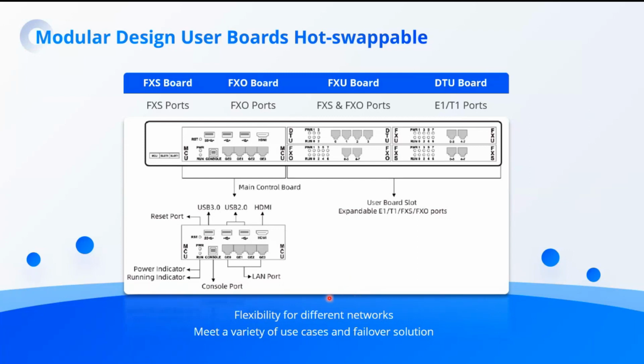So if your customer wants fewer problems, or wants to make sure the system always keeps very high reliability, you can combine E1, T1, FXO with a SIP trunk, the SIP IMS. If IMS or the SIP trunk is down, you can make the call go to the FXO, or to E1 T1. It's up to you. We offer very good flexibility for different kinds of environments.